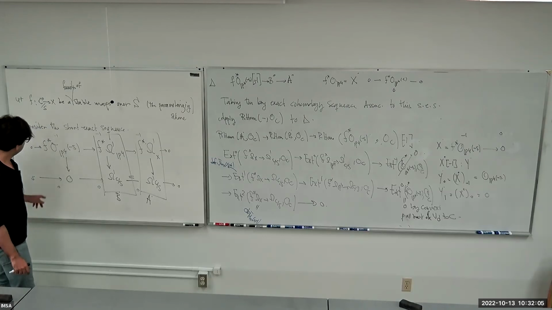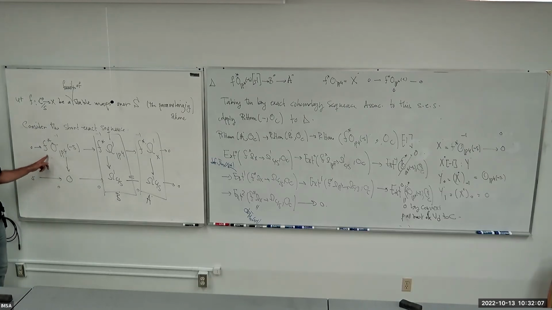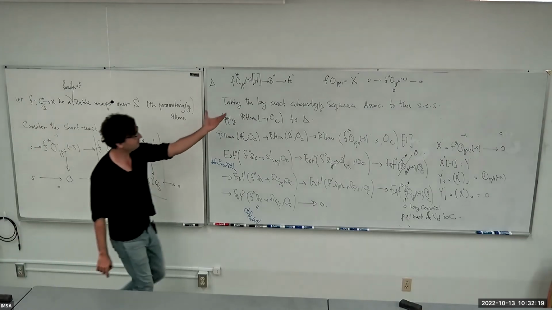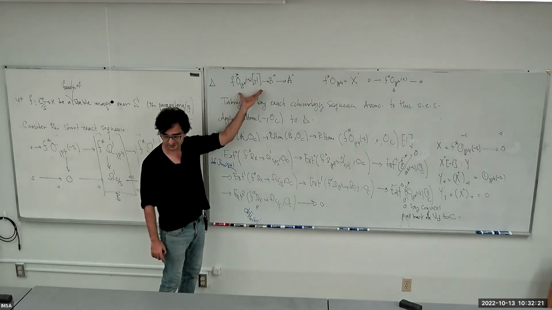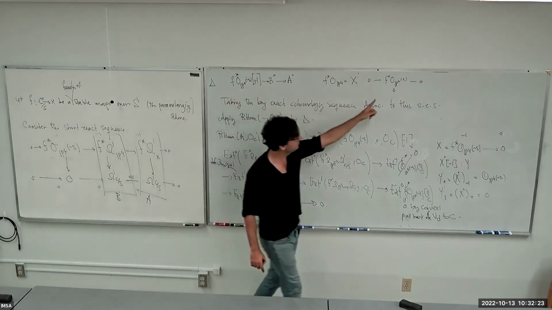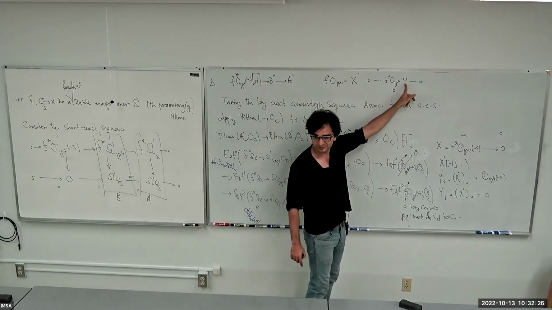Why? Because if I look at the minus 1 degree, minus 1 term of this thing, it's going to be that complex minus 1, degree 0 minus 1, right? Yeah. Minus 1 term of this complex is going to be degree 0 of the original complex.